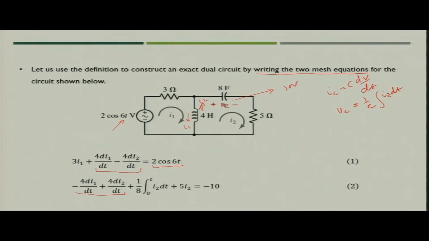In this case, the value of voltage would be 1 upon 8 integral from 0 to t of I2 dt, plus 5 times I2 for the 5 ohm resistance, and then equal to minus 10. Why minus 10? Because the direction of current I2 is opposite to the initial voltage across the capacitor. So, in this way we get two mesh equations for the circuit.